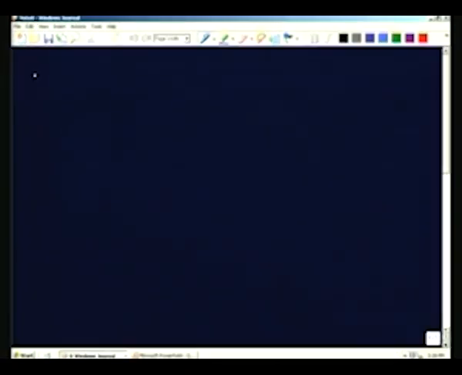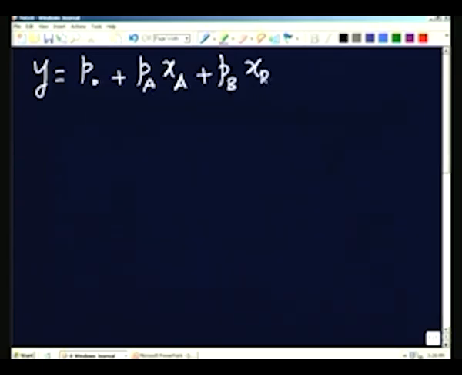So, if you remember, y equal to, I will just write the model here, P naught plus PA XA plus PB XB plus PAB XA XB. There are 4 values in the table, and each one of them I can write the corresponding equation here.